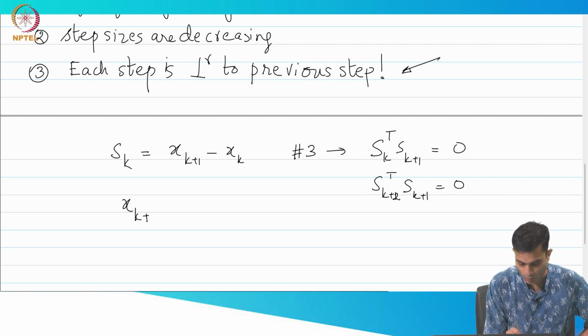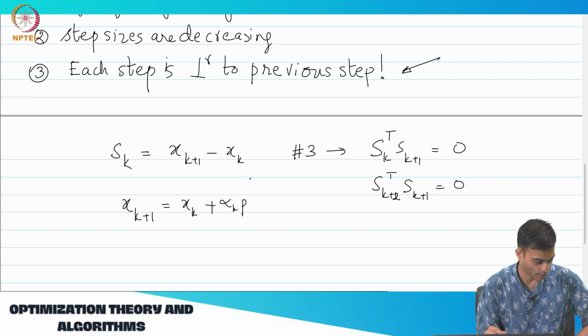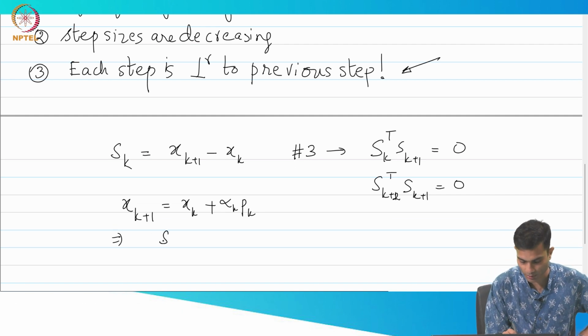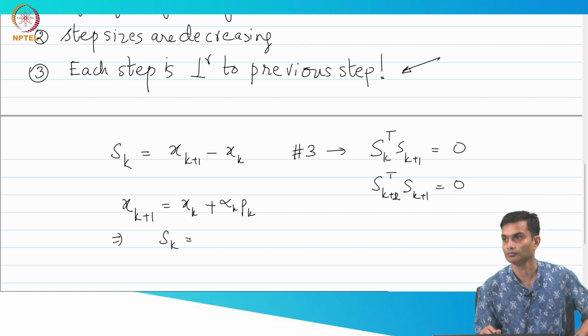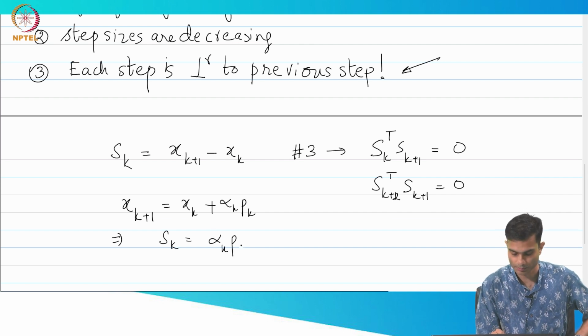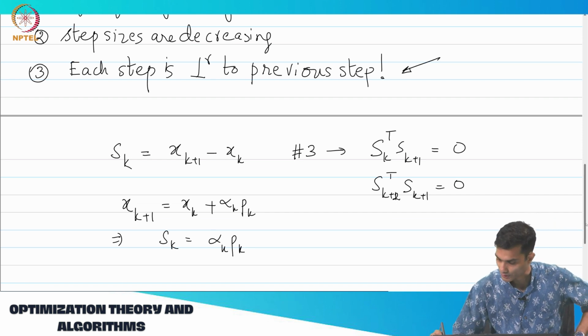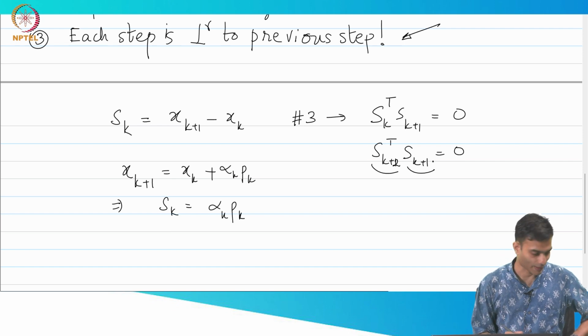So remember I wrote xk plus 1 is xk plus alpha k pk. So together from here what will sk be? Alpha k pk simply, right. So we can keep this. We have got one expression for sk.